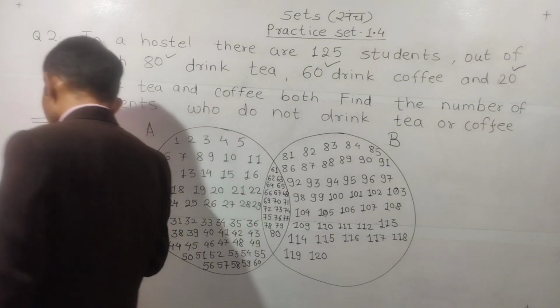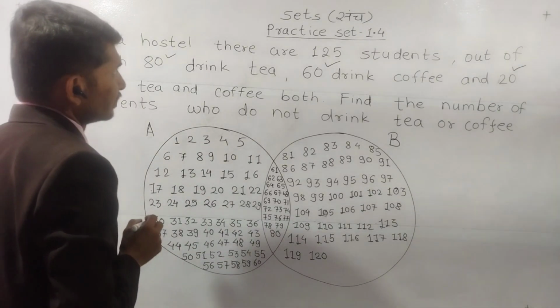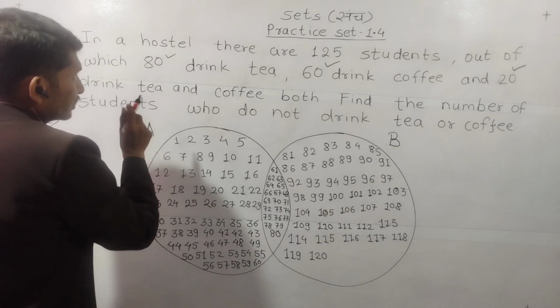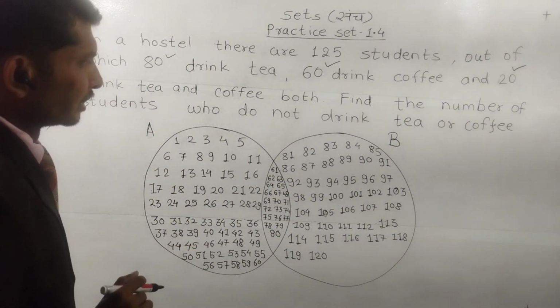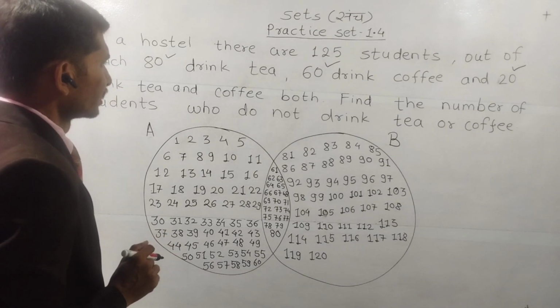So now we have to draw the set of a hostel. These all students are coming under the set of the students who are living in that hostel.